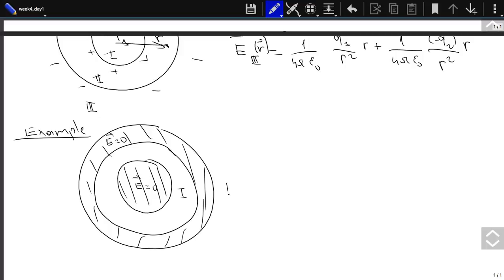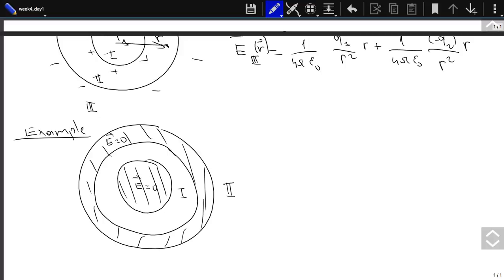So let's say this is region 1, this is region 2. Those are the only places where you can have an electric field. If you are in region 1, the outer shell doesn't contribute. The inner shell just acts like a point charge. If you are in region 2, both the sphere and the shell behave like point charges, and again we have exactly the same expression as in the previous example.